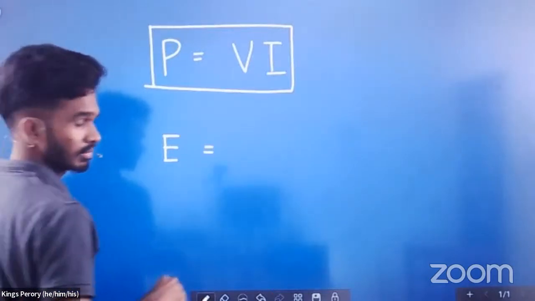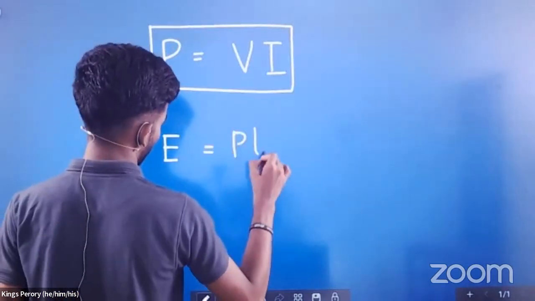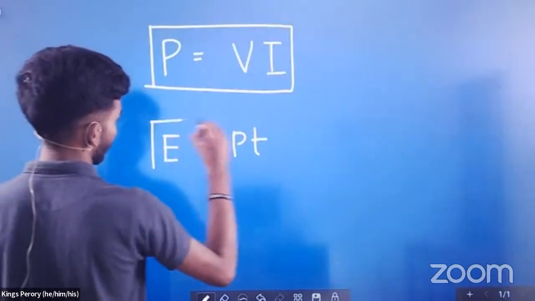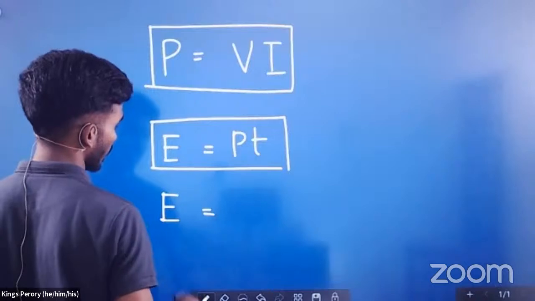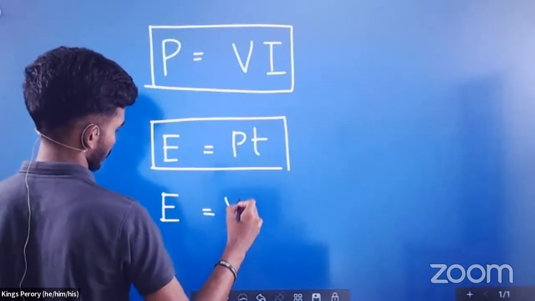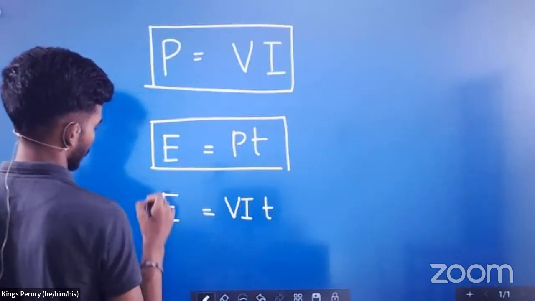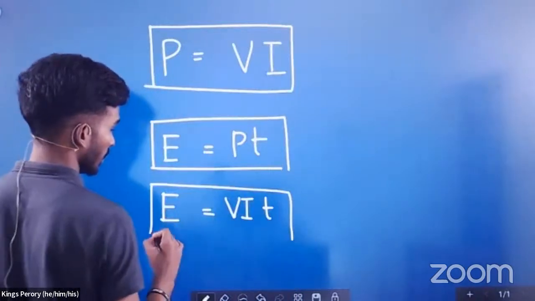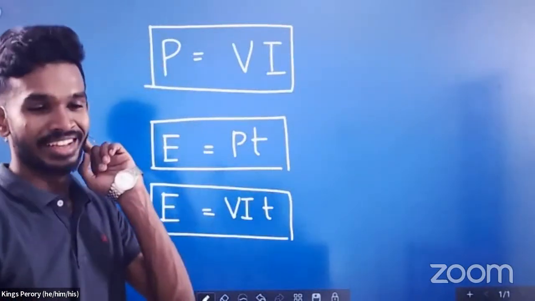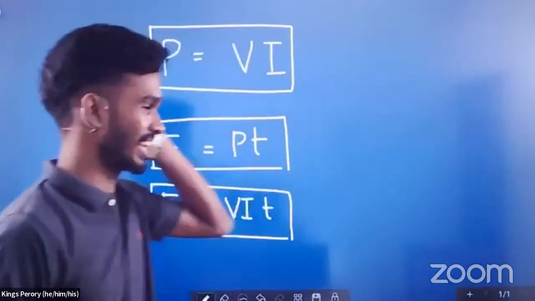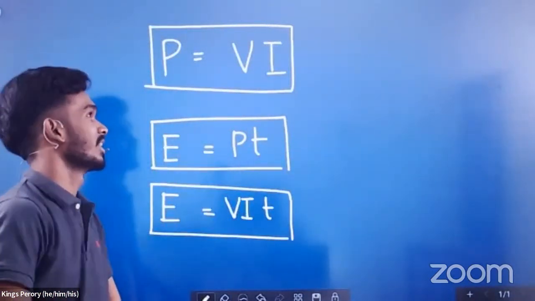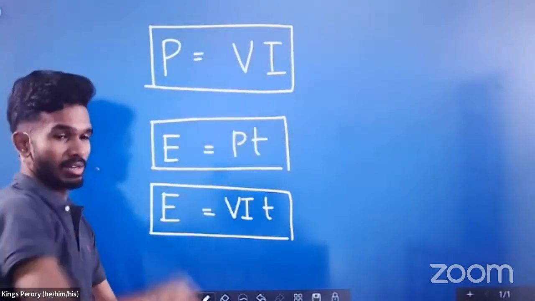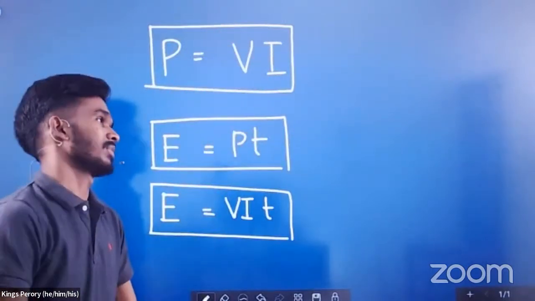Energy equals power into time. Next, energy equals VIT. Energy equals P into T. P equals VI, equals PT.